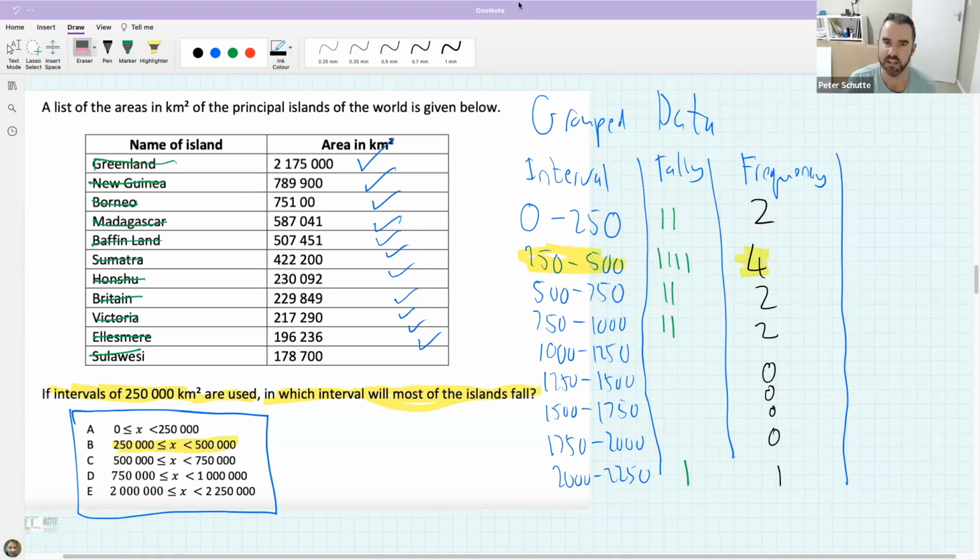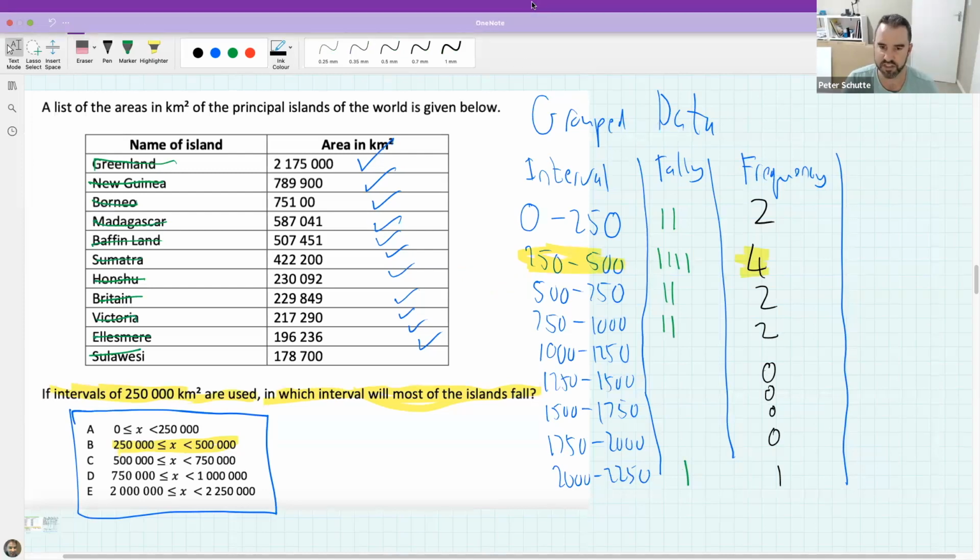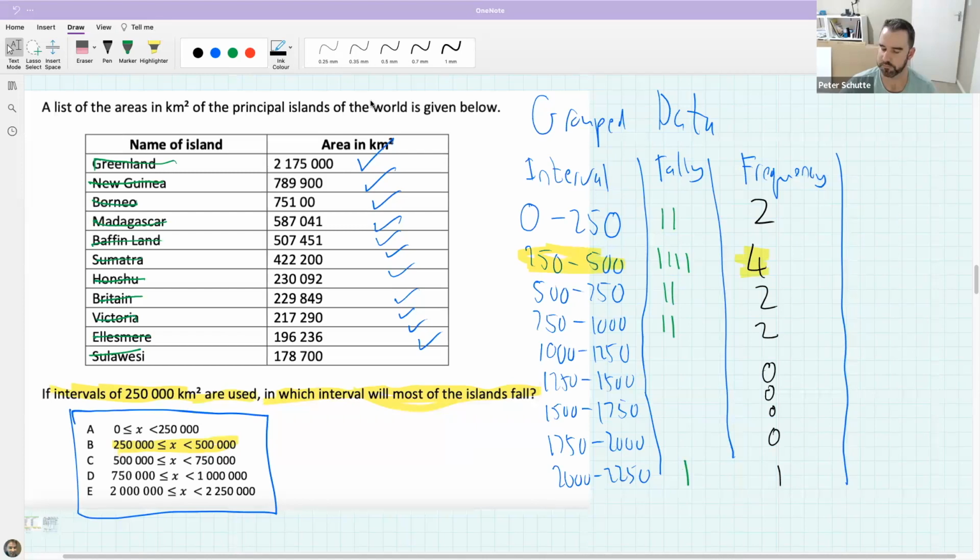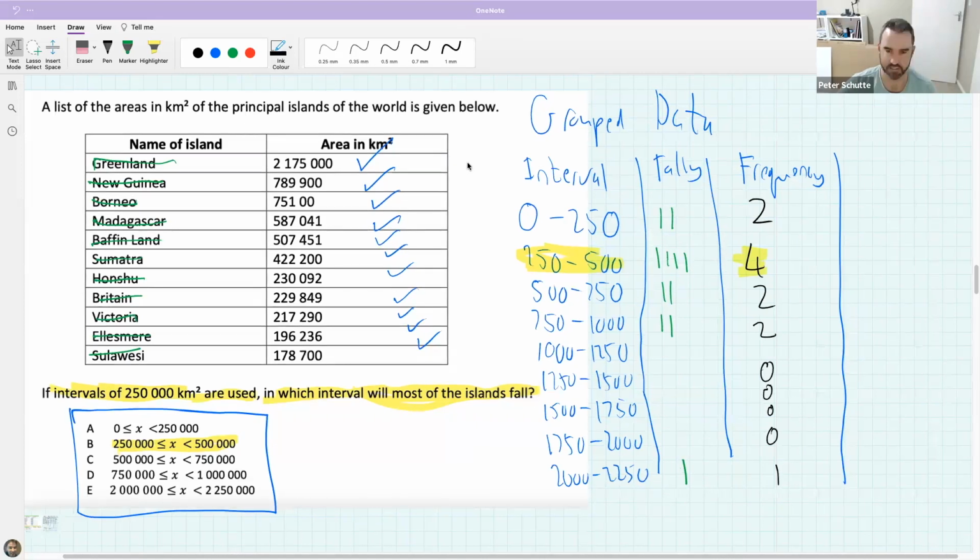And maybe somebody can even tell me what they think I need to do in order to find the median here. What's important about the median? In this case, I have to find the median interval. You have to rank the data.